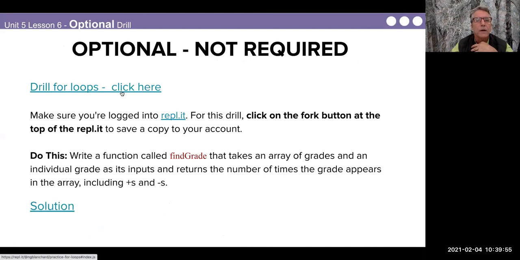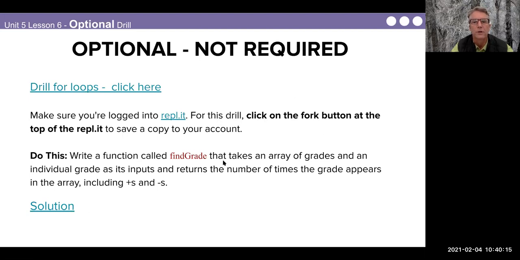Okay. So drill for loops, click here, make sure that you're logged into Replit. Replit is a computer programming tool. It's like an app for programming. For this drill, click on the fork button at the top of the Replit to save a copy to your account.